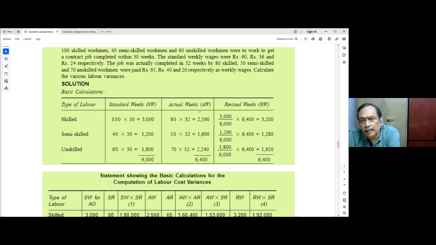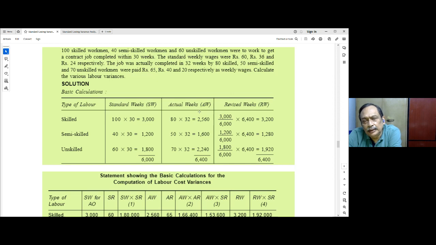The job was actually completed in 32 weeks by 80 skilled, 50 semi-skilled, and 70 unskilled workmen, who were paid rupees 65, rupees 40, and rupees 20 respectively as weekly wages. Here also we are required to calculate the various labor variances.